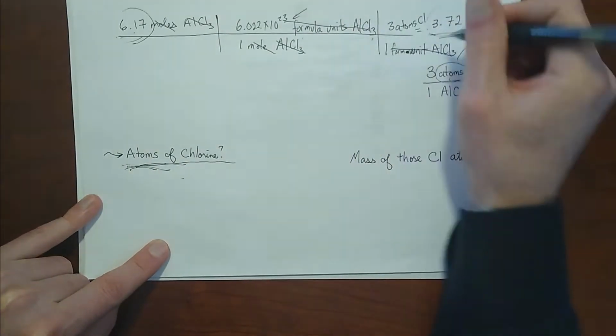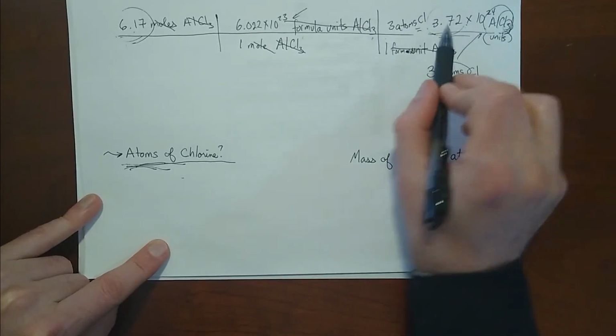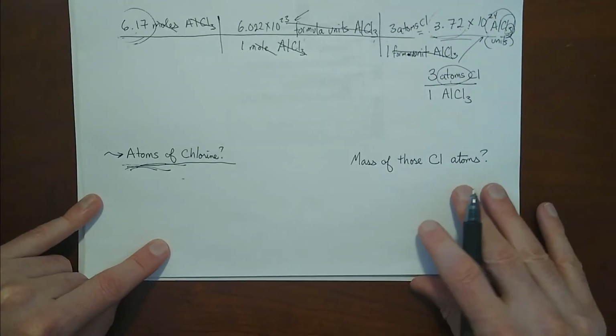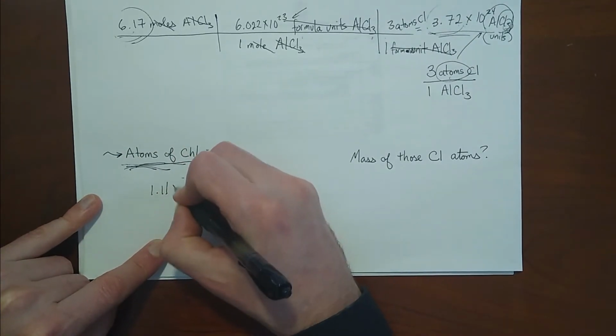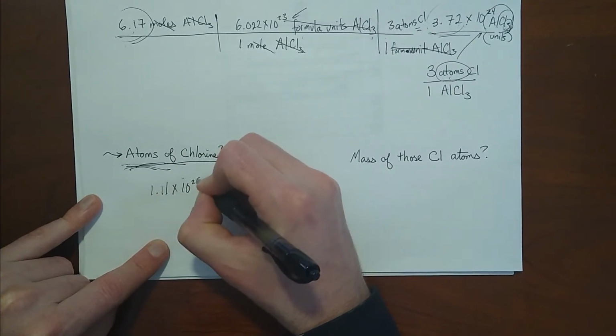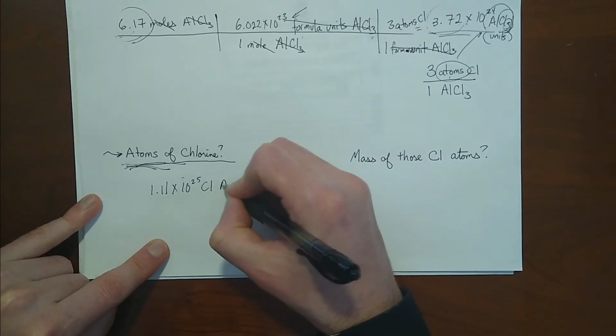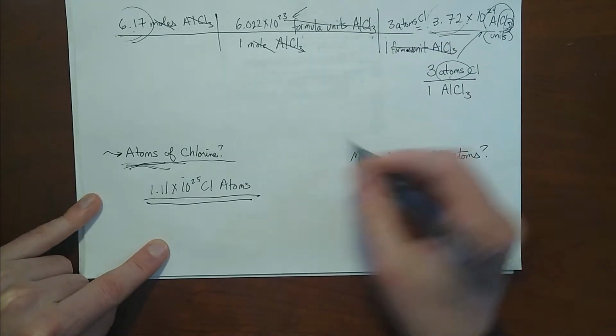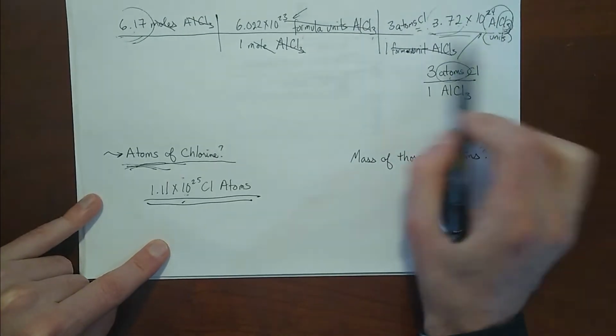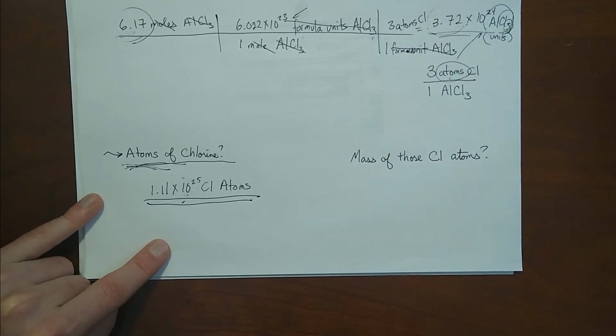So we cancel those. We multiply this result that we got here by 3, and that gives us 1.11 times 10 to the 25th chlorine atoms. Okay, that is exactly 3 times the solution that we got for the previous problem.